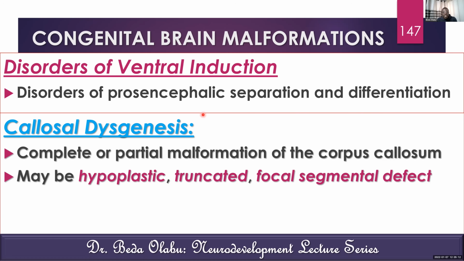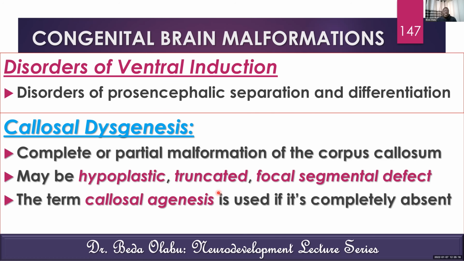There are some extreme cases where the corpus callosum may be completely absent. If the corpus callosum is completely absent, we call that callosal agenesis. Now, we don't necessarily use the term callosal dysgenesis here, but the term callosal agenesis.